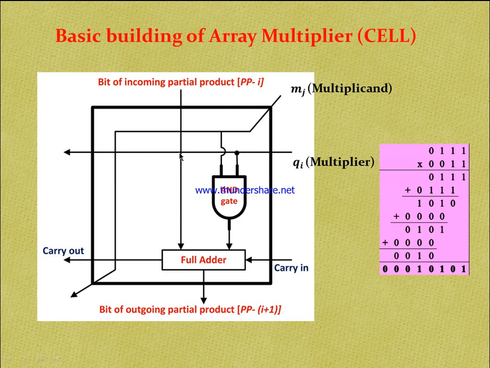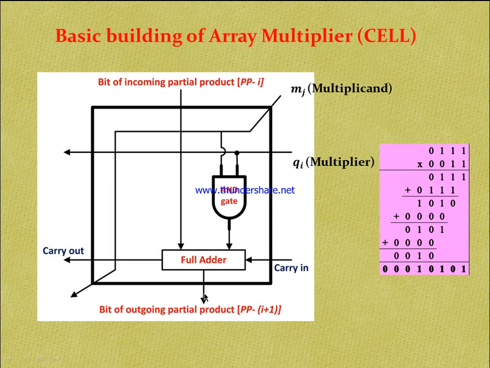What are the outputs? The first output is the multiplier, which should be propagated to each and every cell. The second output is my carry out. After addition, if there is a carry, it should be propagated. Next is the full adder output, the sum after addition.